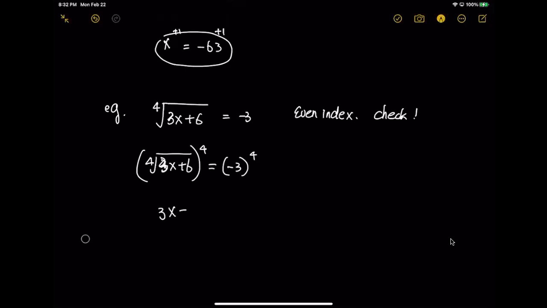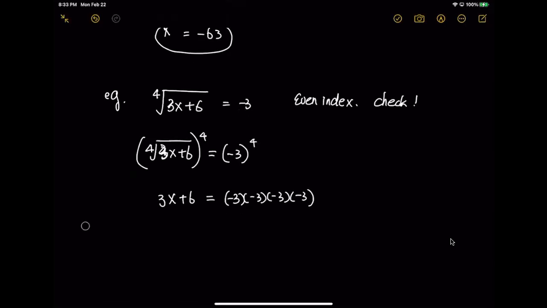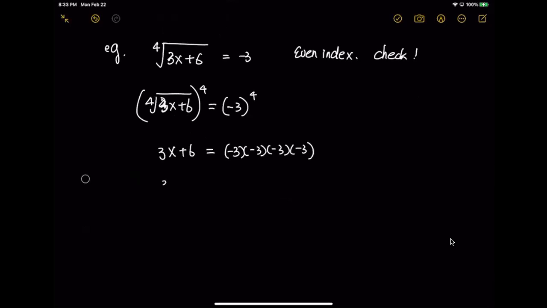I have 3x plus 6. Okay, so -3 to the fourth power, is that going to be positive or negative? Well, you have 4 negative numbers multiplied together. So they eventually will cancel each other's negative sign. So you end up with a positive number. So I have positive 81 equals 3x plus 6. And then I subtract 6 on both sides. I have 3x equals 75.